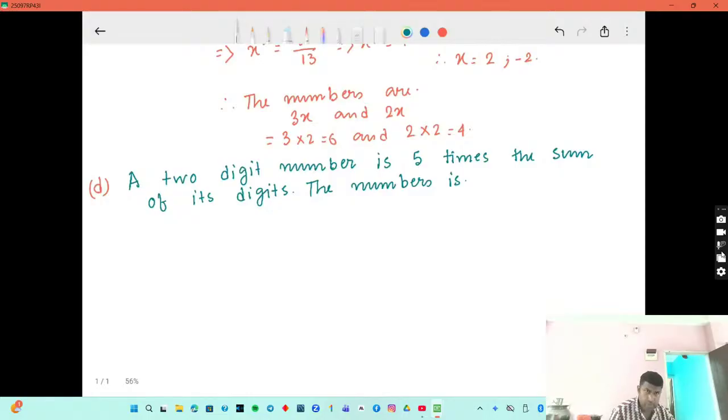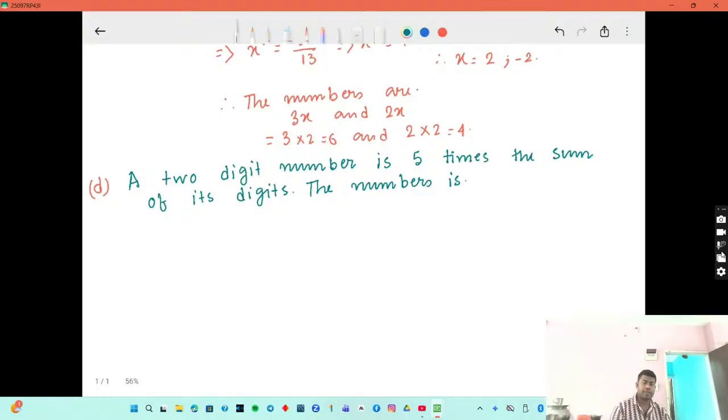So here the question is given as a two-digit number is 5 times the sum of its digits. The number is. So what is the number? If a two-digit number is 5 times the sum of its digits, then what is the number?